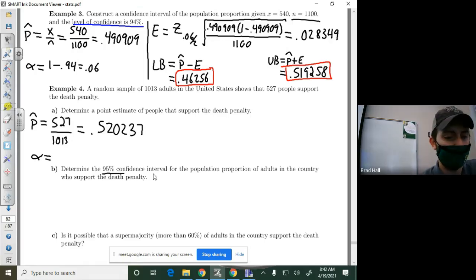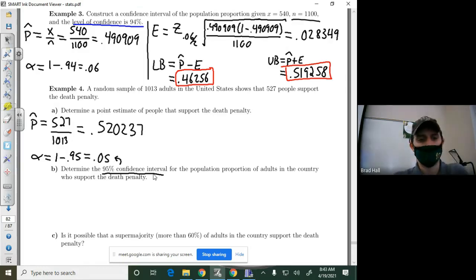We have a 95% confidence interval, and alpha is the complement of this as a proportion. You subtract it from 1, or if it were a percentage, you would subtract it from 100. But you want to make sure your format is represented as a decimal ultimately.